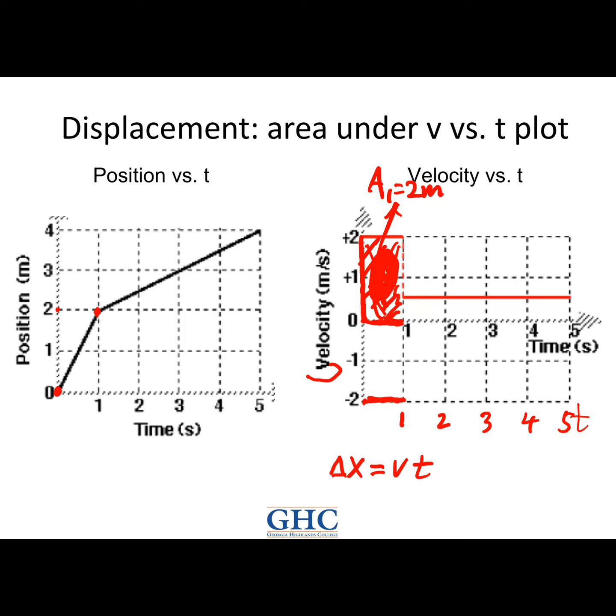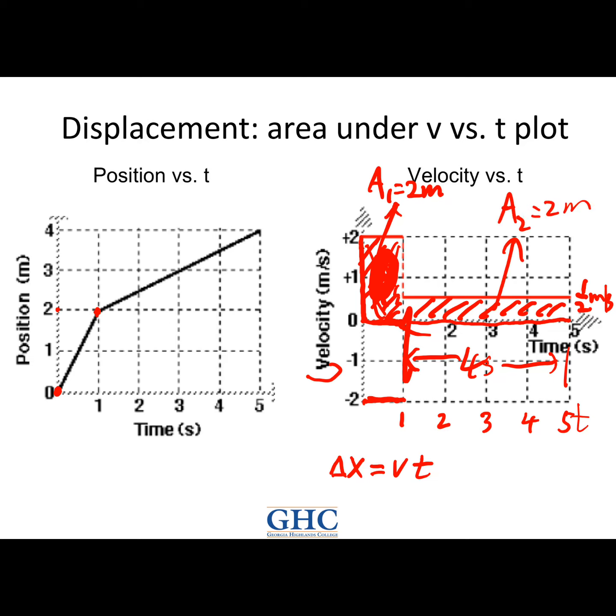Now same for this one. If you check out the area here, velocity is 1/2 meter per second, and the time interval is 4 seconds, and you find that the area is also 2 meters.